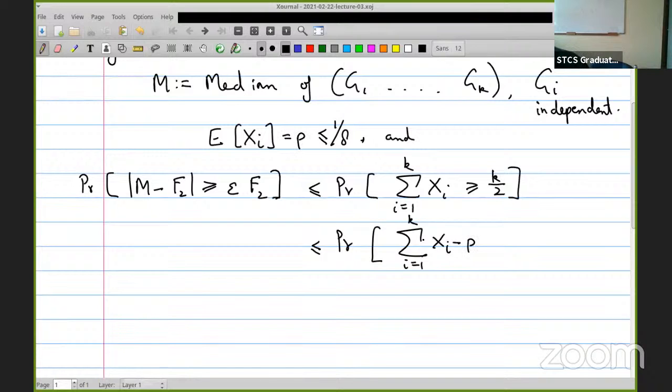So p is greater than k times 1/2 minus p. Right?